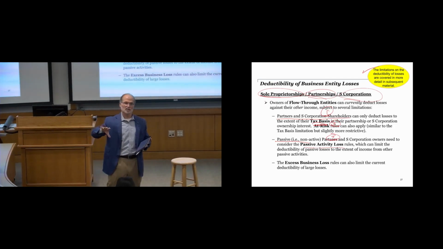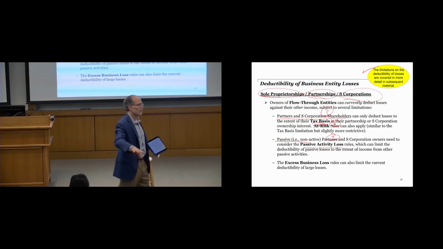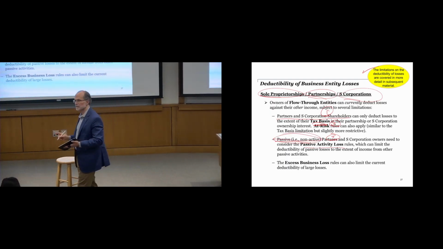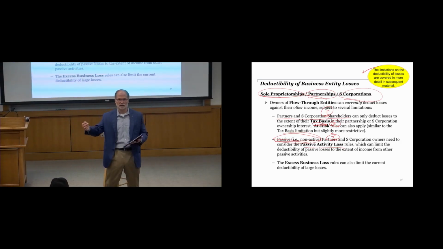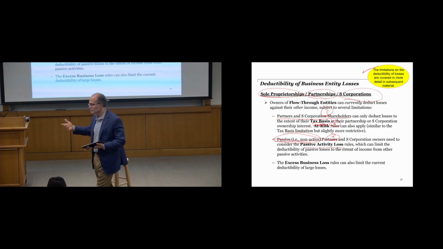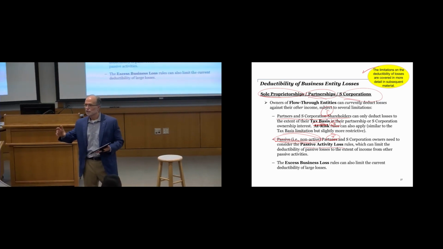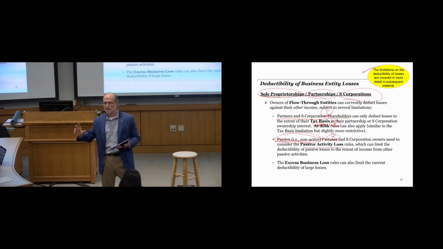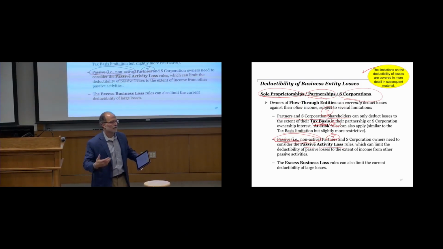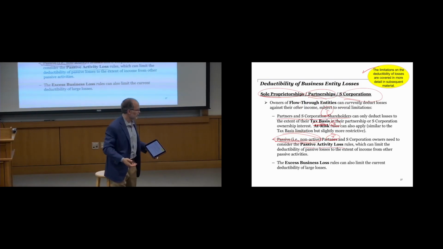So that's our third hurdle, and that's really for passive activities, non-active businesses that you might be involved in that are creating losses. You can imagine why the government would be interested in that. You have a business you're not even active in and it's just creating losses and you're using that to offset a bunch of other income. Those are the rules we'll go through, the passive activity loss.